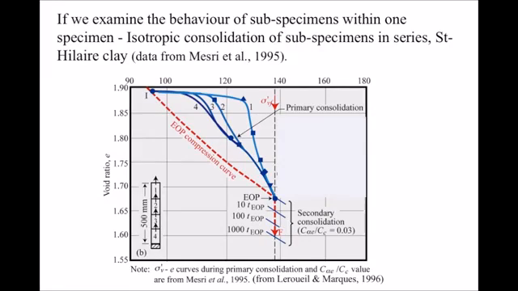Another aspect related to that is about what happens within a specimen. And Mesri and co-workers made special tests with 4 specimens, 4 subspecimens in series, with the subspecimen 4 being close to the impervious boundary and the specimen 1 being close to the drainage boundary.